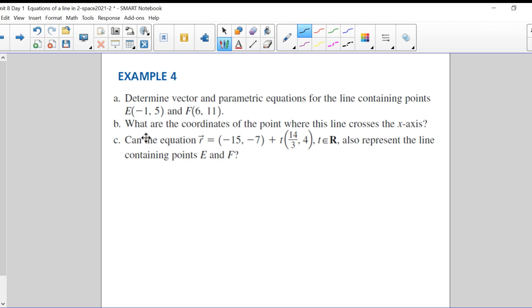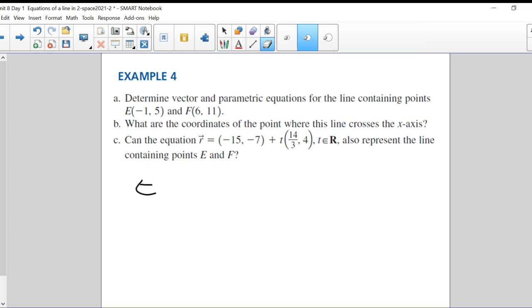The truth is that either one would be fine, right? Because remember, you're going to multiply by a scalar anyway, and that scalar could be positive or negative and would reverse the direction of the position vector. So it's okay for you to take the EF vector as it is or to take the FE vector. It doesn't really matter which of those you use. So what I'm going to do is go with the EF vector, which means, here's my EF vector.